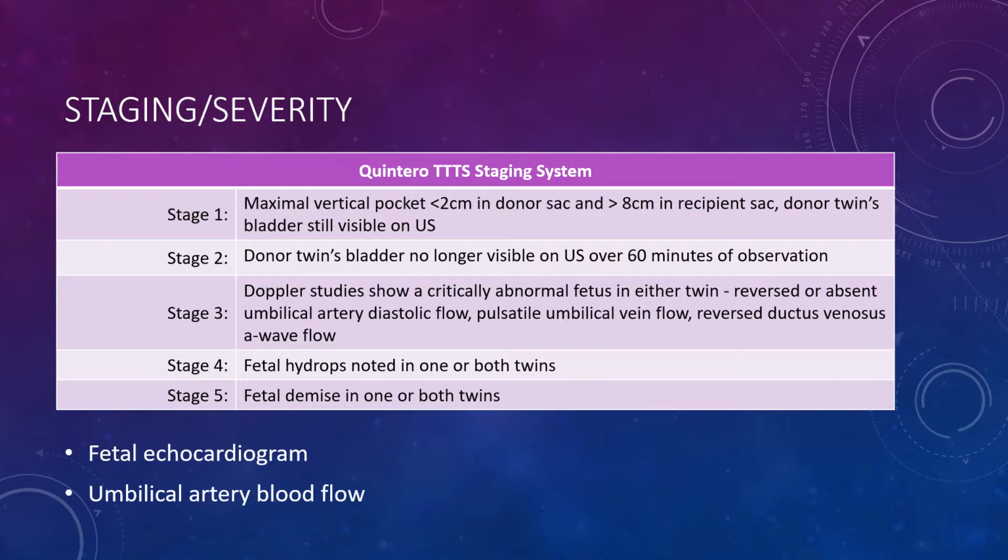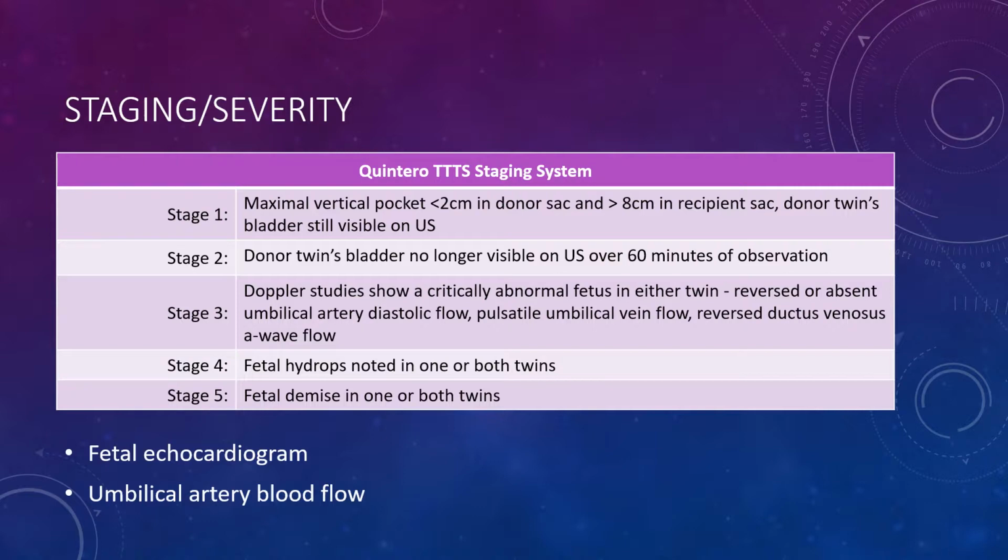And so stage 1 is just the core diagnostic criteria of less than 2 centimeters maximal vertical pocket in the donor sac and greater than 8 centimeters in the recipient sac. But the donor twin's bladder is still visible, so the donor twin is still making urine. Now stage 2 is the donor twin's bladder is no longer visible on the ultrasound, and they observe it for over 60 minutes.